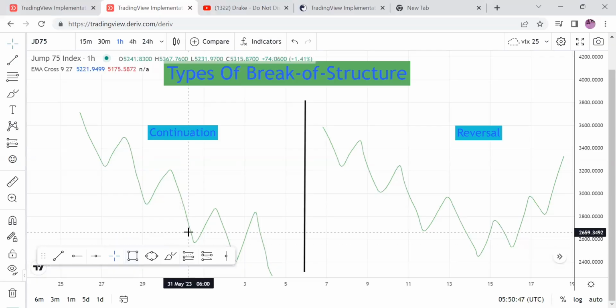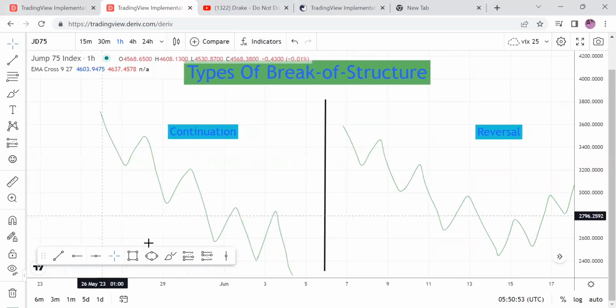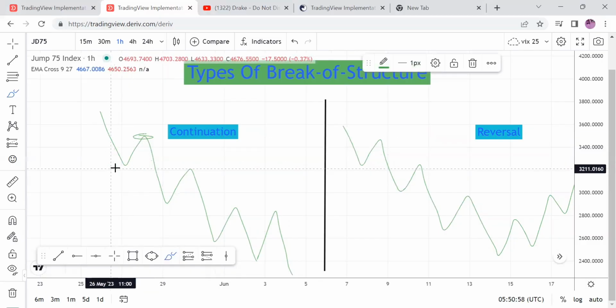In this case, it is doing that to the downside continuously, by, you see the market pushing from highs, taking out support areas.